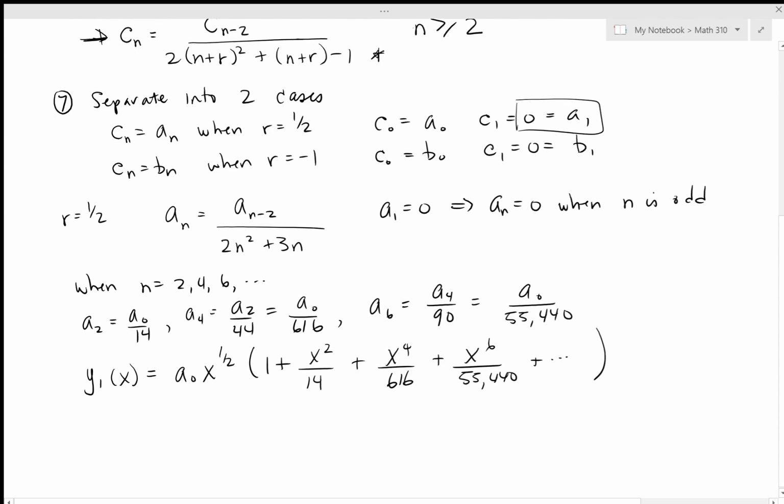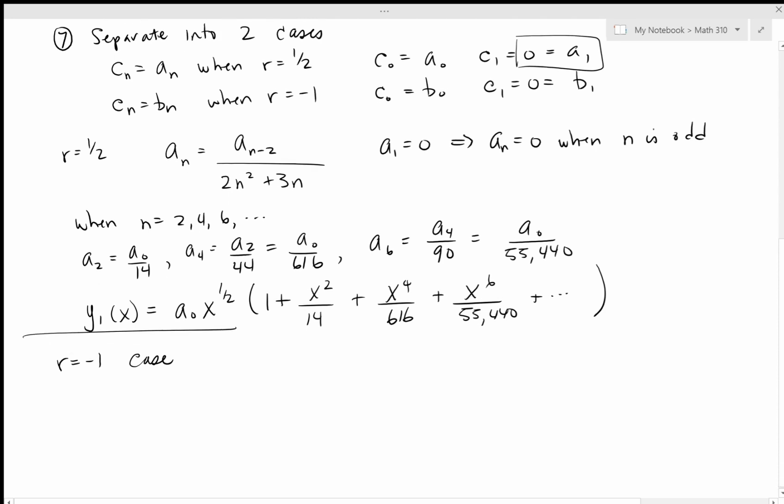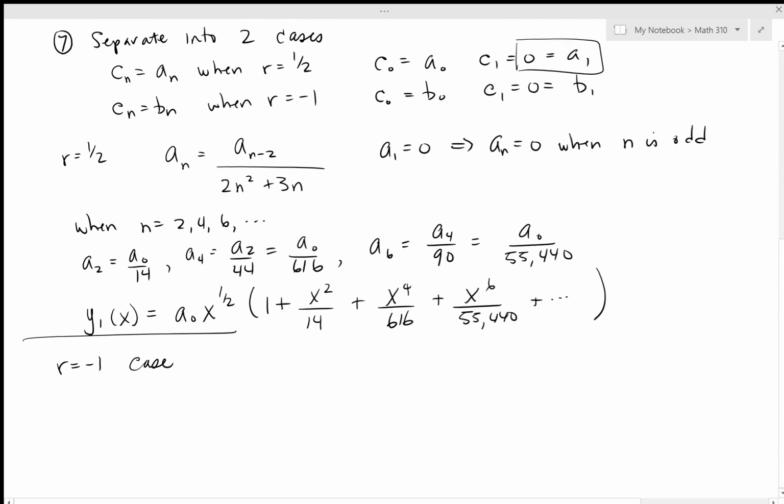Then I can go and do exactly the same procedure on the r equals -1 case. So I'm just going to draw a little line there. I'm now looking at the other solution to my differential equation, the second solution, and I have that b1 is equal to 0. And so that, again, bn equals 0 when n is odd.